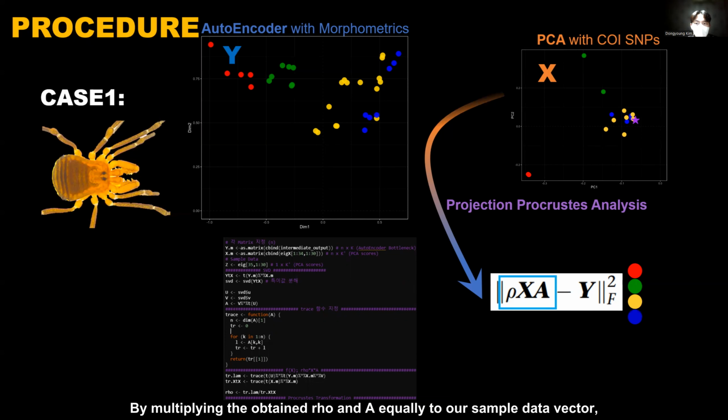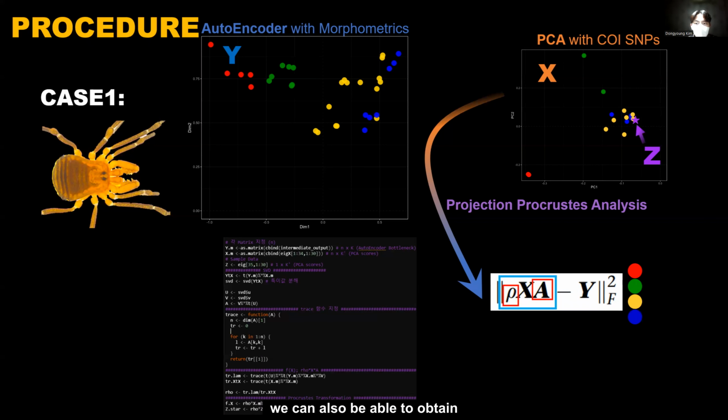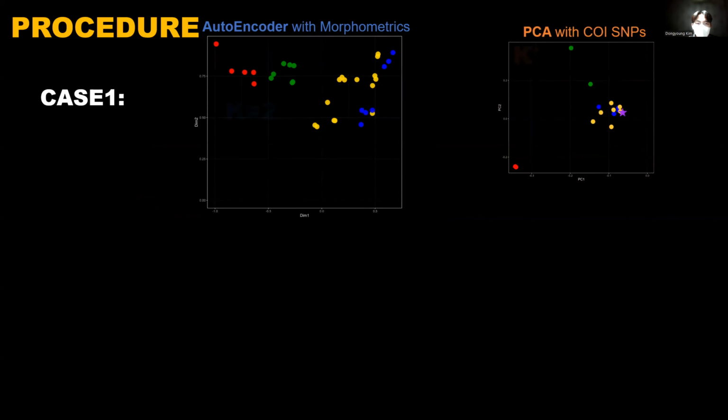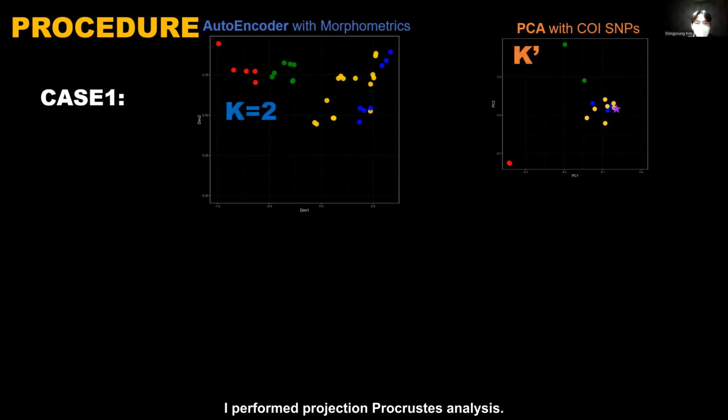By multiplying the obtained rho and A equally to our sample data vector, we can also obtain the transformed coordinates of the sample data, like this. Through this, I performed projection Procrustes analysis.